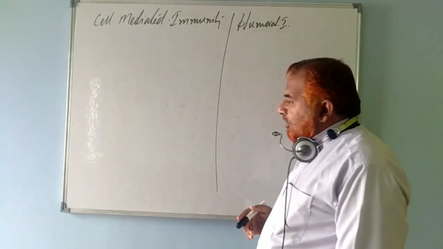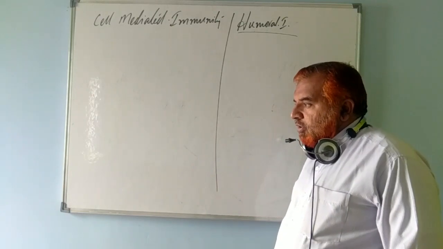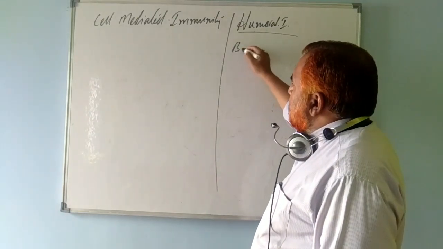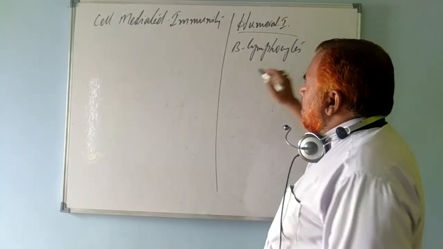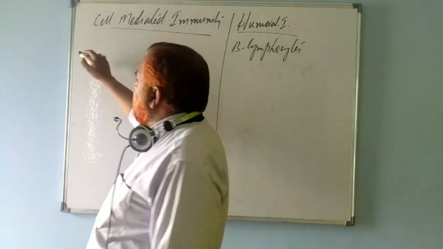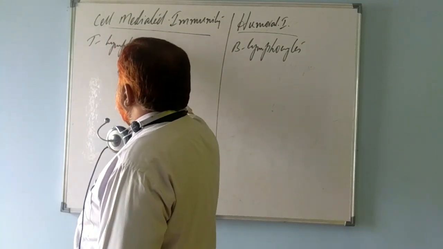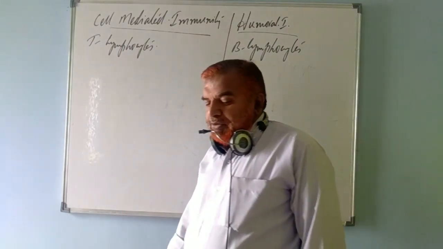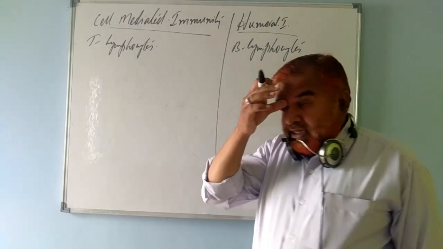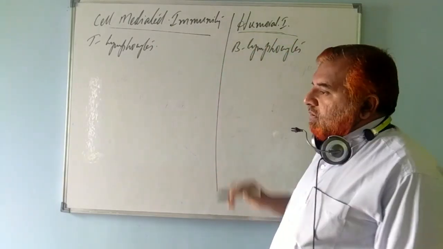Humoral immunity is brought about by B lymphocytes, whereas cell mediated immunity is brought about by T lymphocytes. Humoral refers to blood.